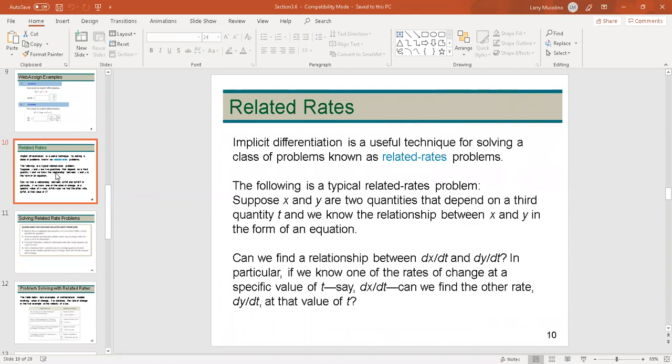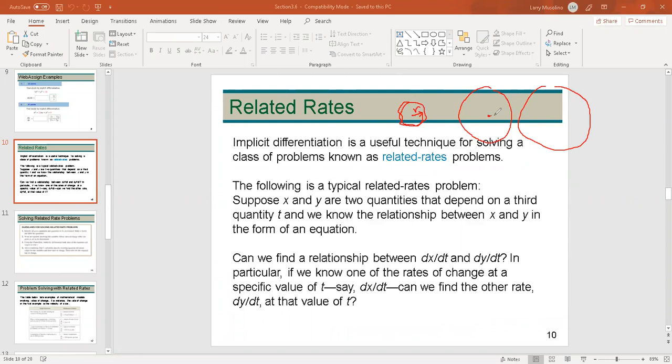Let me give you another example. How about an oil tanker has an oil spill? So imagine the oil spill, and over time, let's say the oil spill is getting bigger. So here's an oil spill. Let's say it's circular, but then of course the oil spill gets bigger and bigger still. Well, think about the radius of this oil spill.